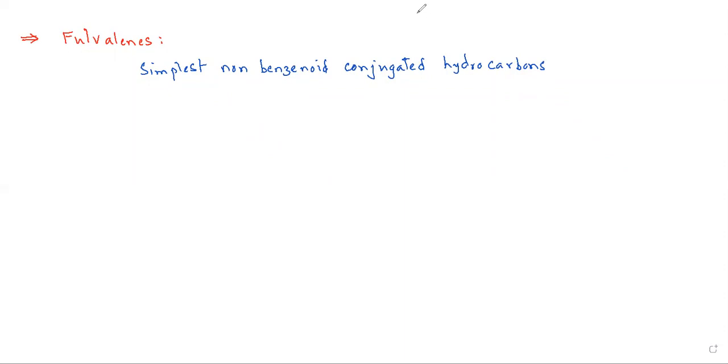Now look at the example. Look at this. See, these are non-benzenoid structures.